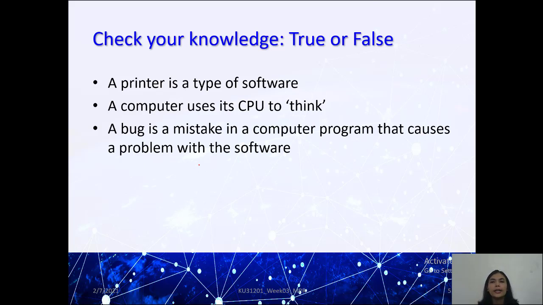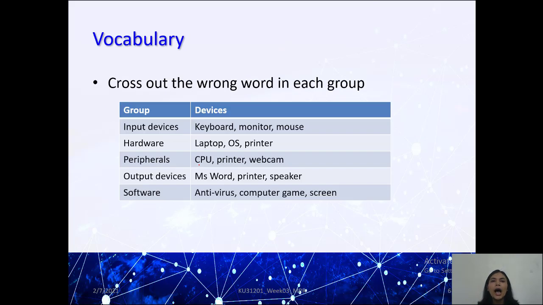The other one is, I want you to identify the group of words over here and the devices mentioned in each group. I want you to cross out the wrong word or the one that is misplaced in each group. And if you know which group a word belongs to, then you can put it in the right place.